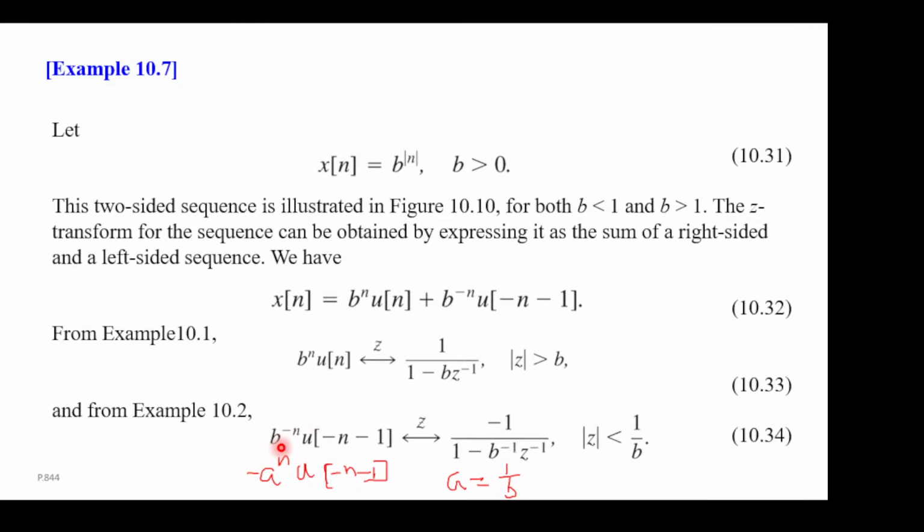Then the ROC is the inside region, but here a is actually 1/b, so your ROC is absolute value of z less than absolute value of 1/b. Here b we just take as a real value, so it's just 1/b. So right-sided is this thing and left-sided is this thing.